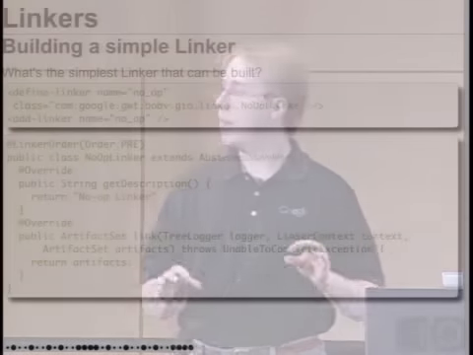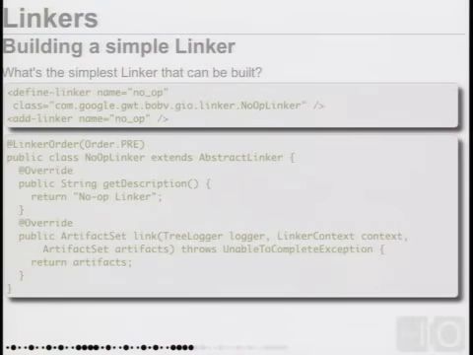So here is the absolute simplest linker that you can build. It does absolutely nothing. But this is how you build a linker. In a GWT.xml file, either your top level one or, if you're using module inheritance, you just have a define linker. You associate an identifier with a class name. And then at some point later, you have an add linker.